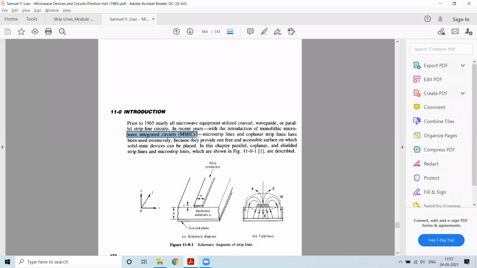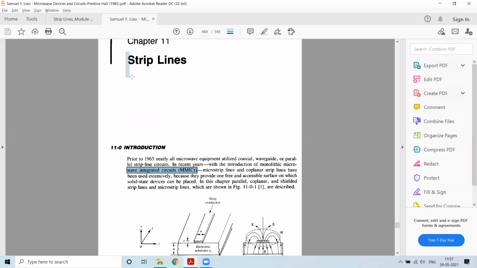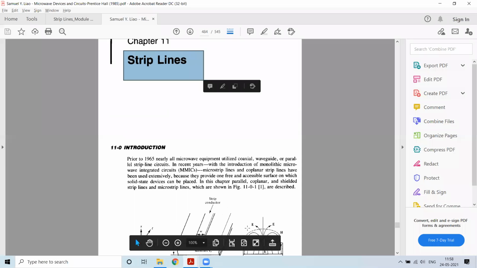So those cannot be used at high frequencies. So I have to make some changes. And the name tells that it is strip lines: lines which are developed using a substrate or material for that specific purpose.